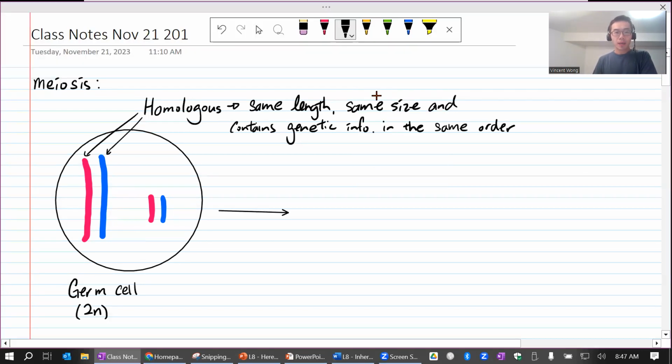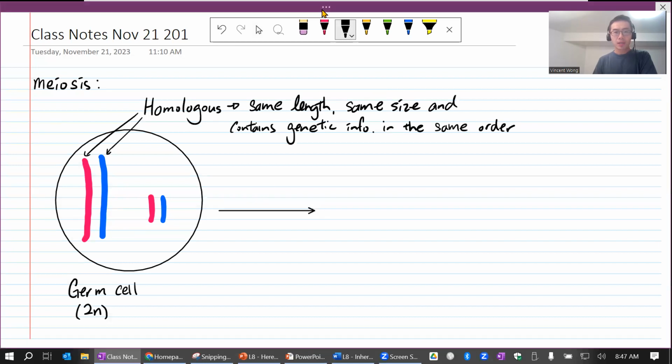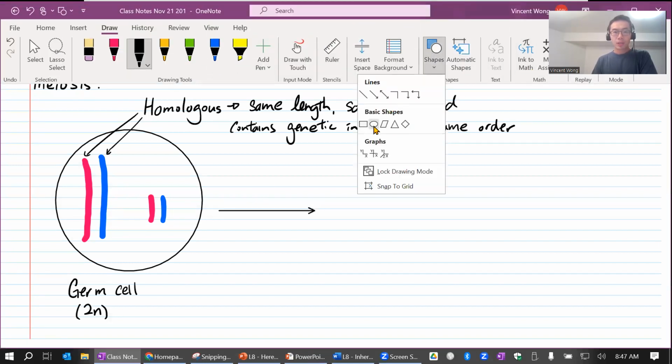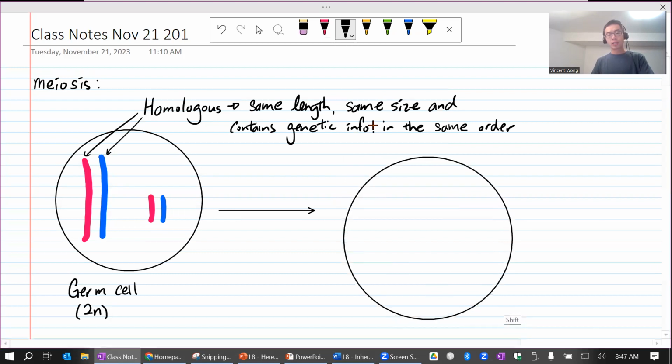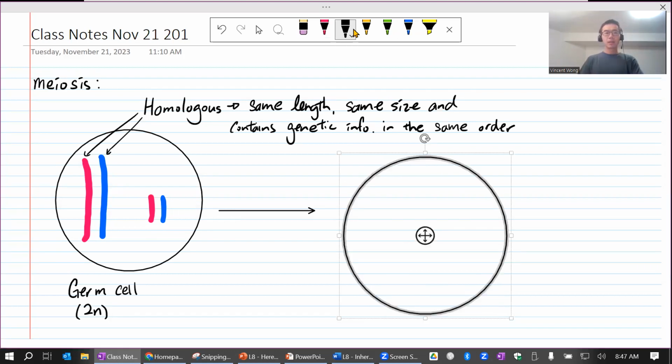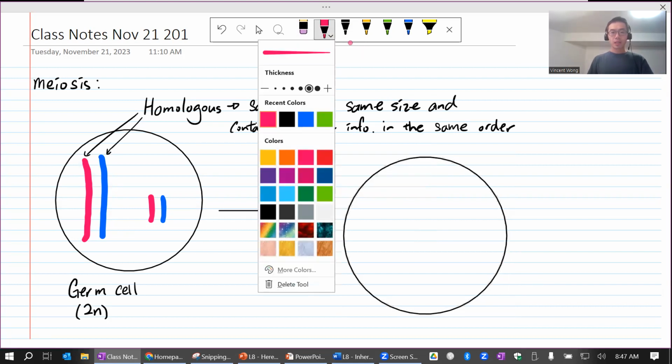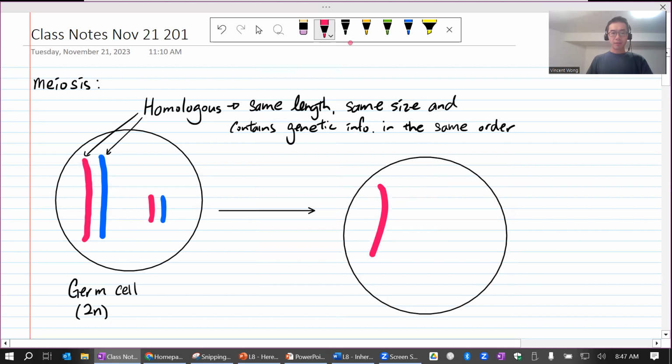So if we want to do meiosis, the first thing we need to do is copy all the genetic information. We need to do DNA replication, basically. So when that happens, we're going to have two chromosome 1 that are connected together. And then we're going to have two chromosome 2 here that are connected together.